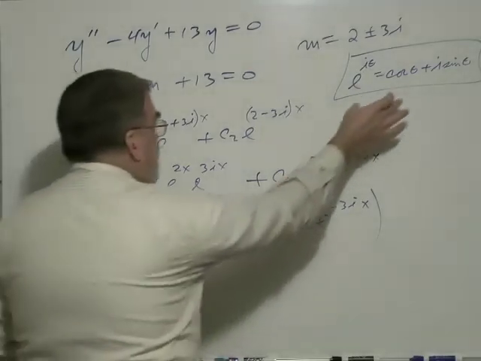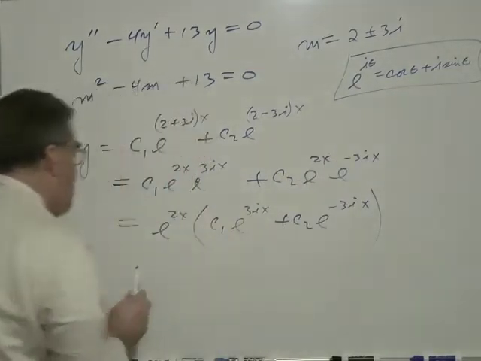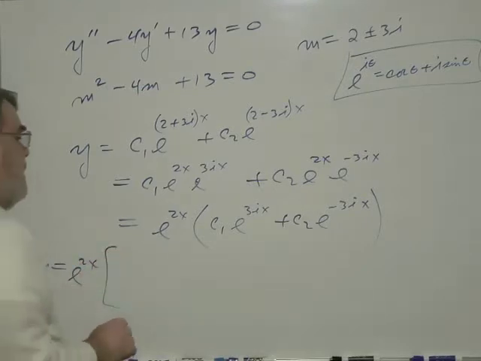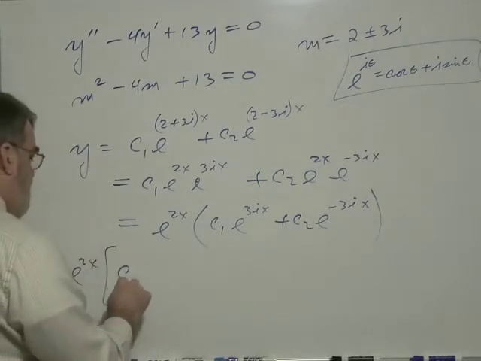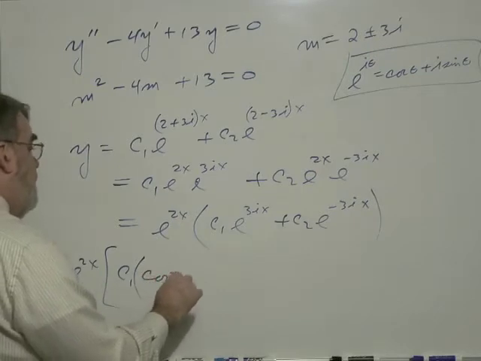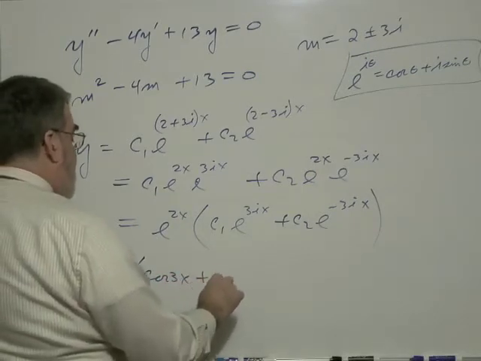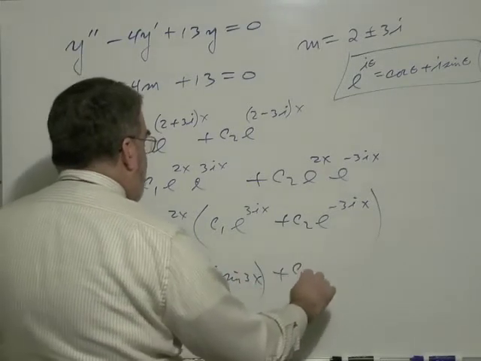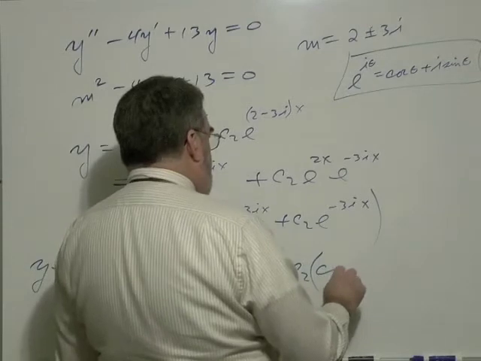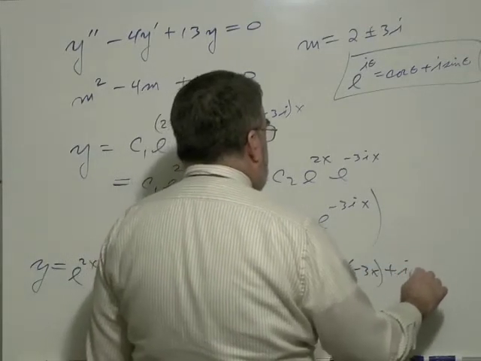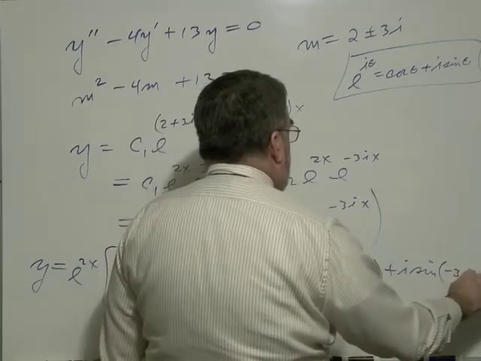So if I apply this formula to these terms here, I have e to the 2x, and I'm going to make this a bracket. My first term is going to be c1 parentheses cosine 3x plus i sine 3x, and then plus c2 parentheses cosine negative 3x plus i times sine negative 3x.